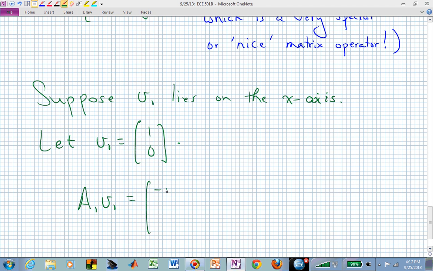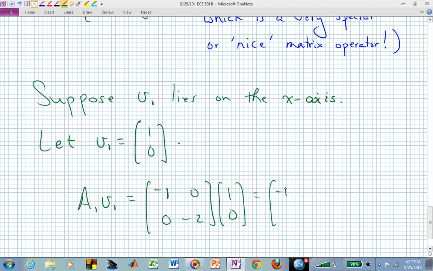Well, we can do that operation, and based on what we talked about last time, what is this column vector going to do relative to all of the columns in the A matrix? It's just going to pull off the first column, isn't it? It's just going to say, I want 1 times the first column, and that's what the result is going to be.